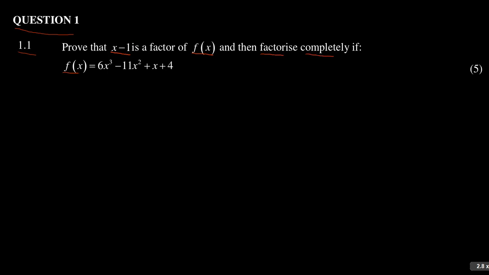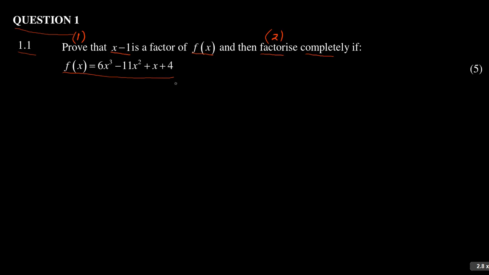So that is what you have been given. The first thing is that this particular problem is divided into two parts. The first one we are supposed to prove, and then the second one we are supposed to factorize. So let's start with the proving part.